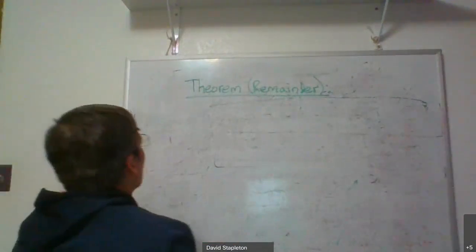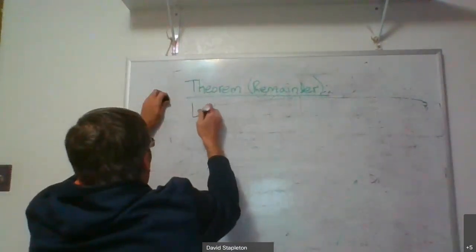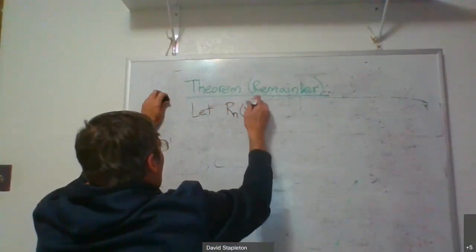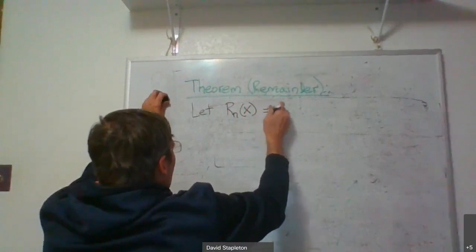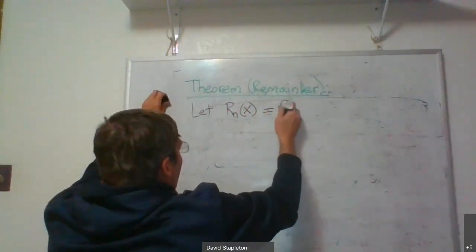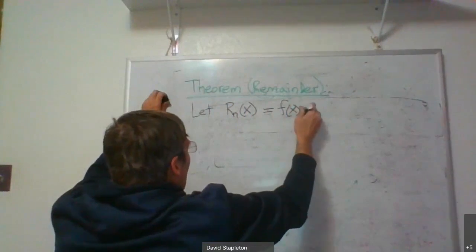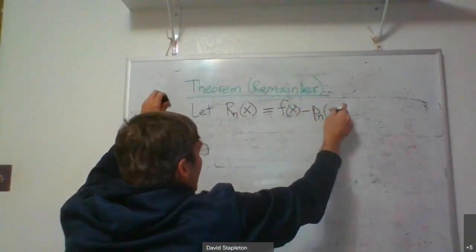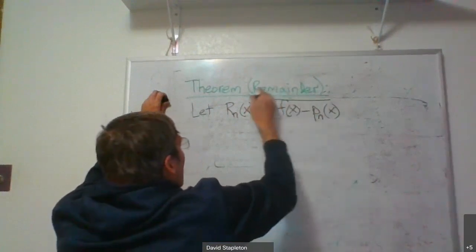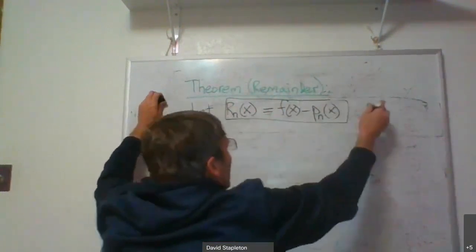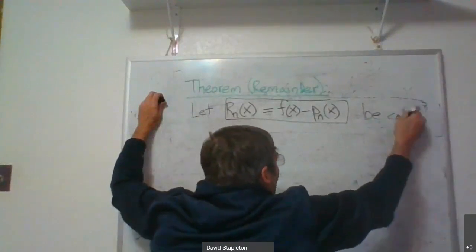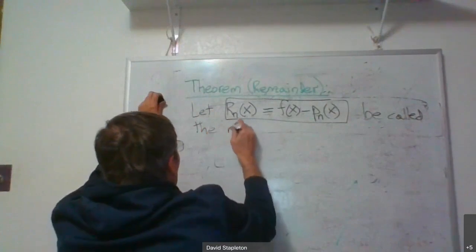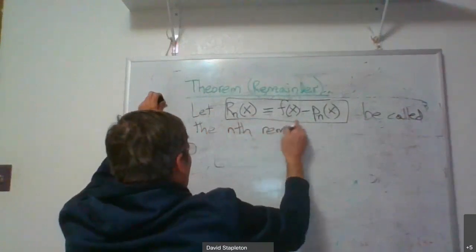Maybe that green's hard to see, huh? Let Rn of x be the exact function minus the nth order polynomial, whether it's Maclaurin or Taylor, be called the nth remainder function.